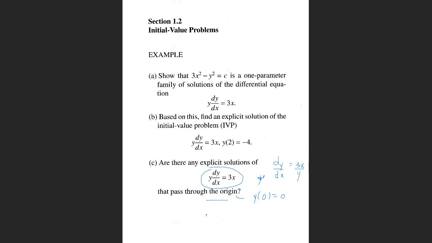So could there be an issue at the origin? Like this solution here, 3x squared minus y squared equals c. We have to be careful, because with y in the denominator, y equals 0 is undefined.